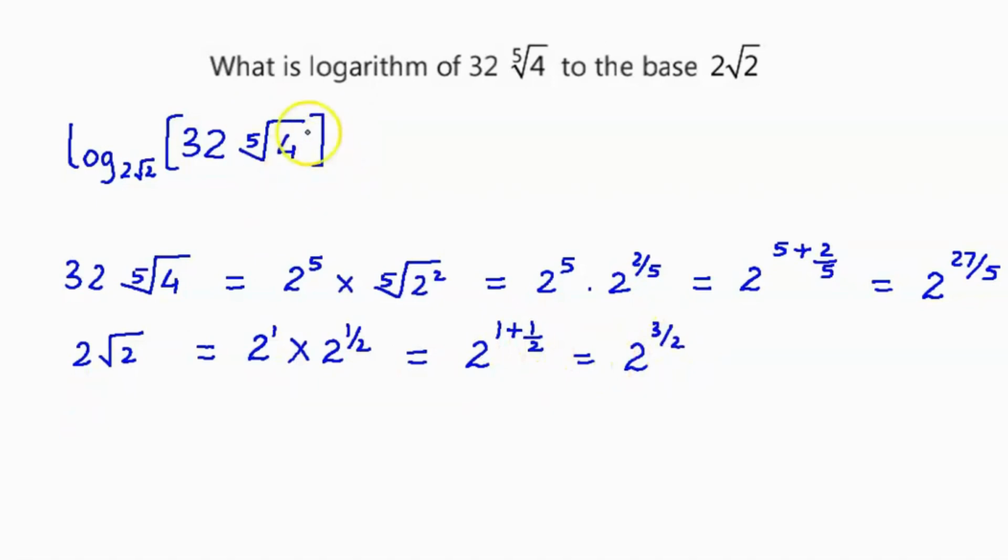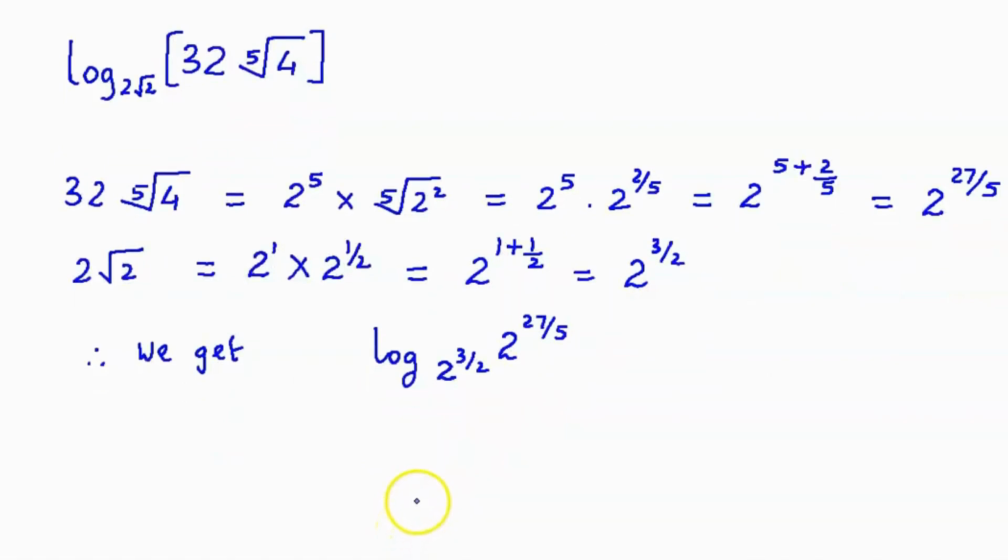Therefore we get log of, now we have its value as 2 raised to 27 by 5 and 2 root 2 is 2 raised to 3 by 2. Now we further simplify this.